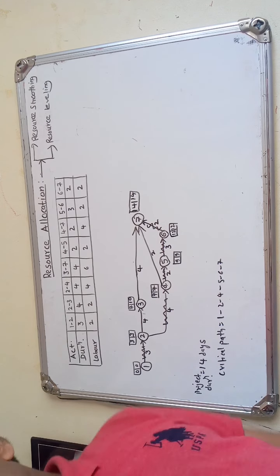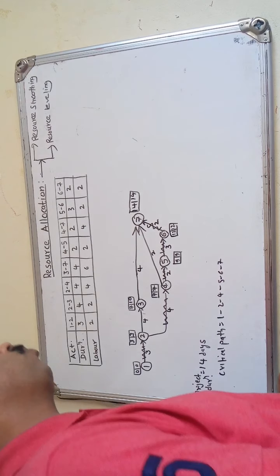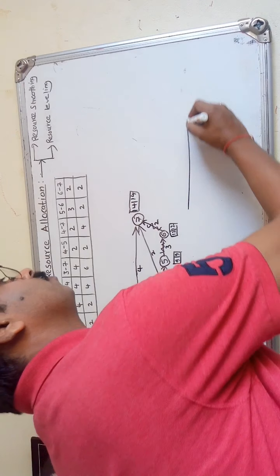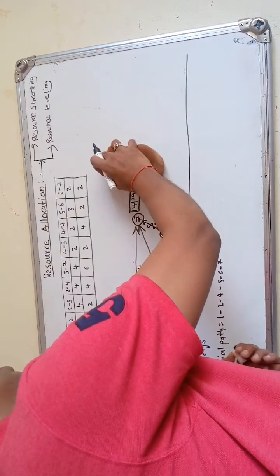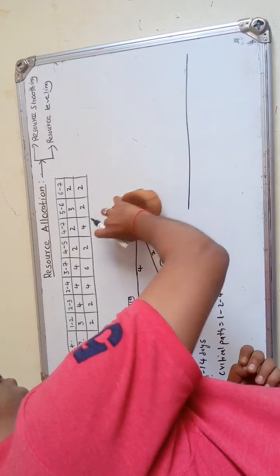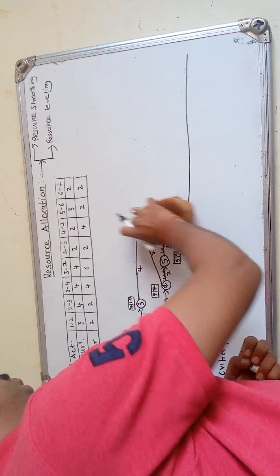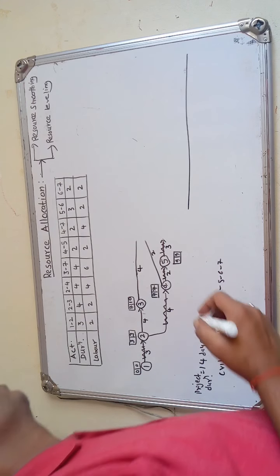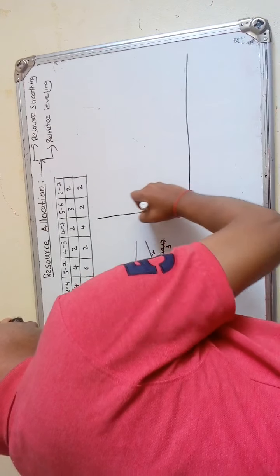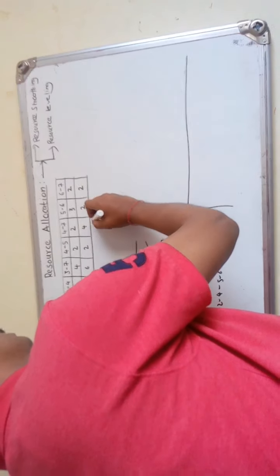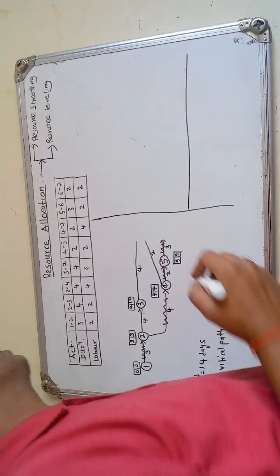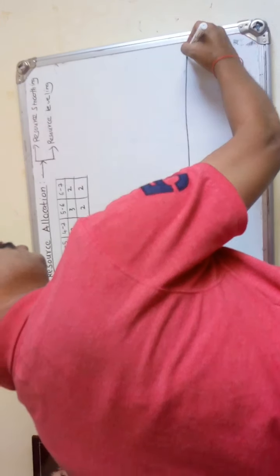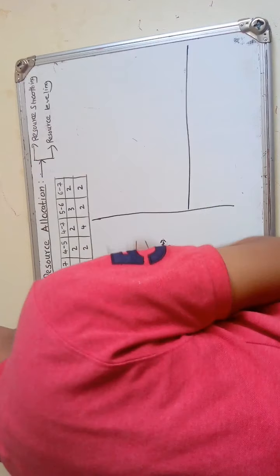Let us draw it. 14 days we require on this particular x-axis, that you have to remember, because 14 is the project duration.